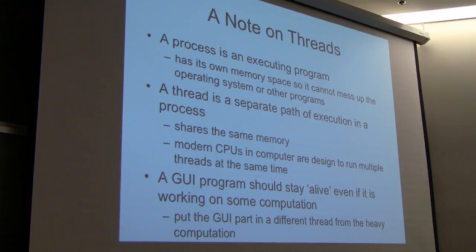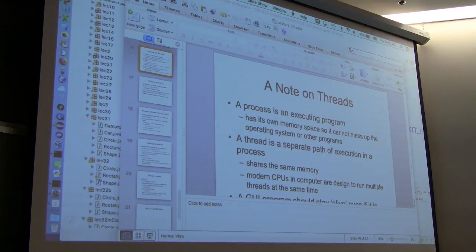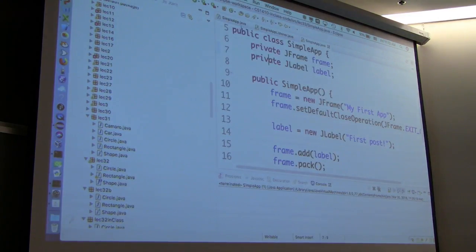So all I'm trying to say is that the right way to write a GUI is to have a separate thread that runs the program to make sure that your program doesn't die when you start doing some calculation. For the most part, we're not going to worry about that. But on some machines, Java complains a lot about you not firing off a new thread to handle the events, and will just not run your program.